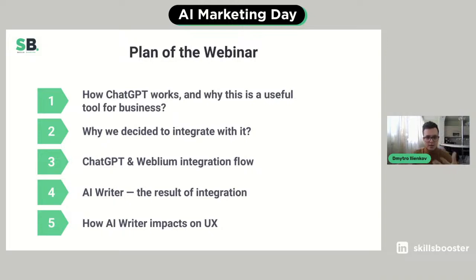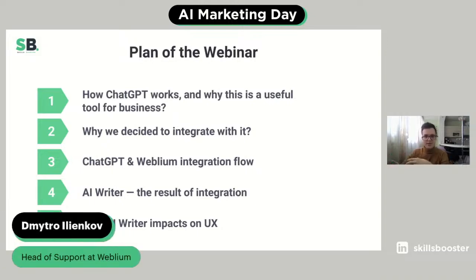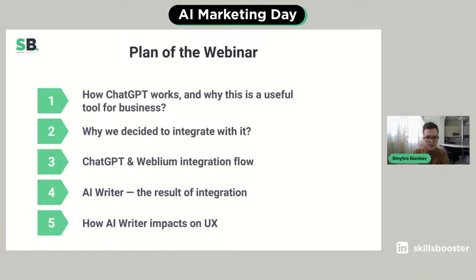What is the value of the integration? Because, of course, customers can use ChatGPT separately, but we decided nonetheless to integrate it. Also, the next point is the ChatGPT and Weblium integration flow. So how did we do it? And shortly about our AI writer, the result of integration, so which results we already gained, and about the impacts on UX, customer experience.